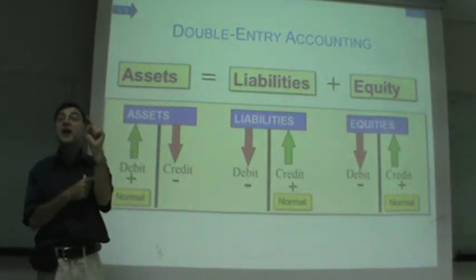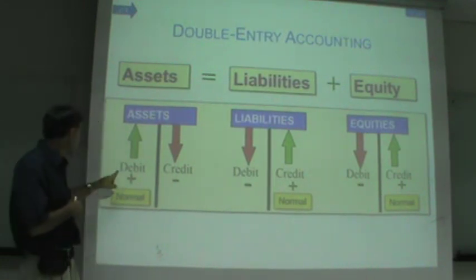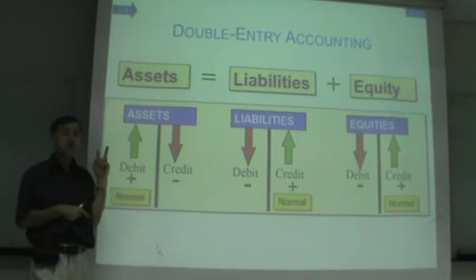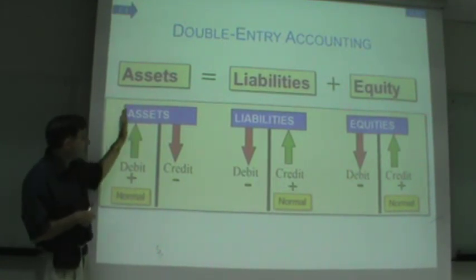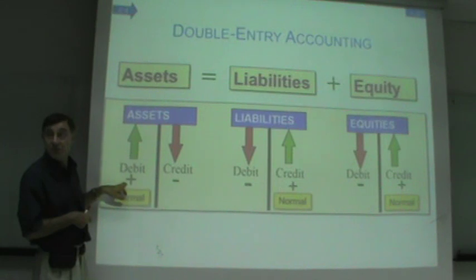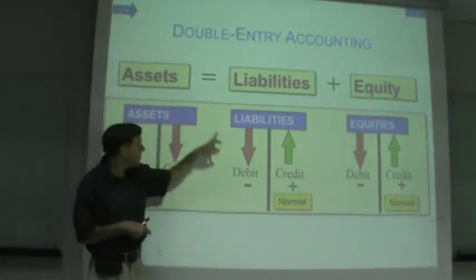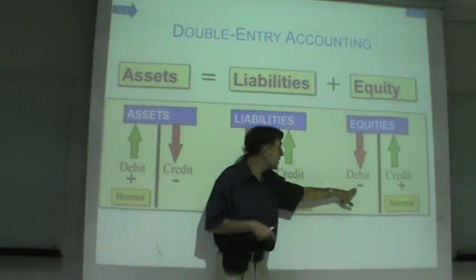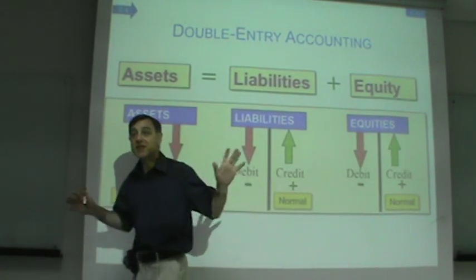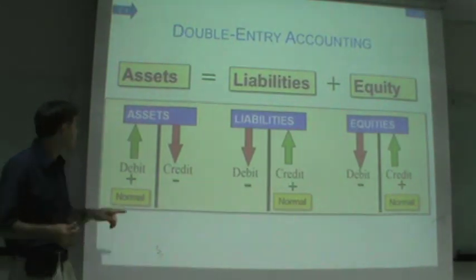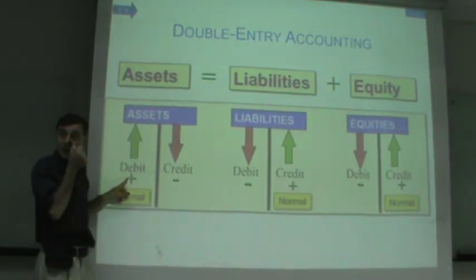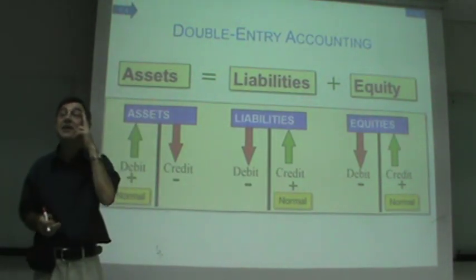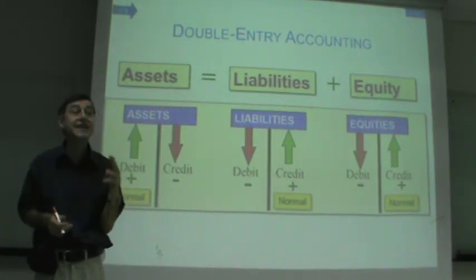If cash goes up, it means debit. You remember it. It's just two types. For the assets, debit means go up. For liabilities, debit means go down. For equities, debit means goes down. That's it. So, debit means go up for assets and going down for liabilities and equities. That's how we do it.